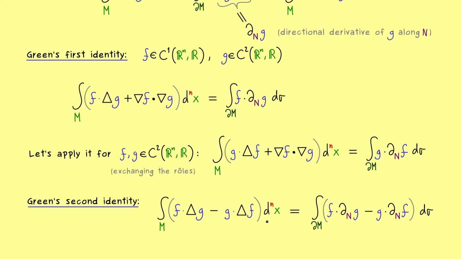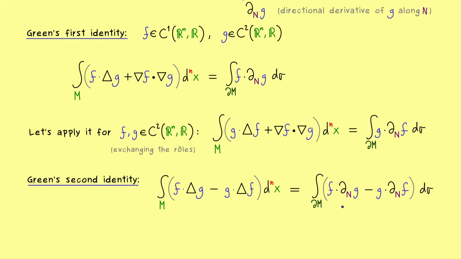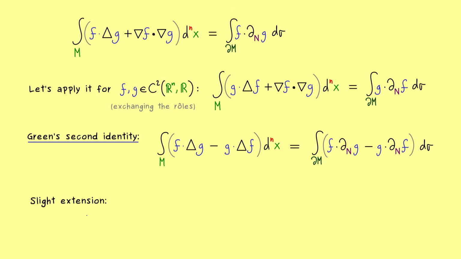Hence we will talk more about that in my partial differential equations course. And there we usually weaken the assumptions a little bit because we don't need C2 functions everywhere. In fact, we only need it inside M, and on the boundary we don't need the second order partial derivatives at all. Hence, at the end of the video now, I want to formulate the theorem like we will need it later.